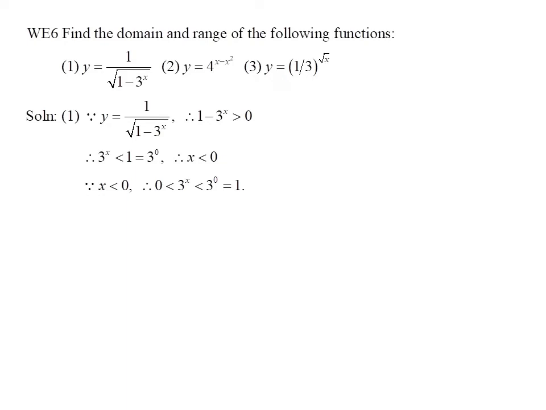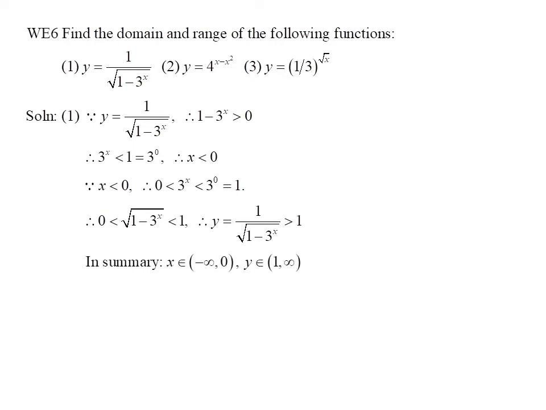Since 3 to the x is greater than 0, then when x approaches 0, y approaches infinity. When x approaches negative infinity, y approaches 1. Therefore, the range of this function is greater than 1.